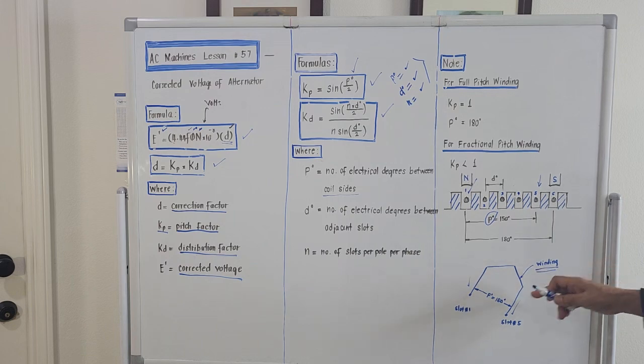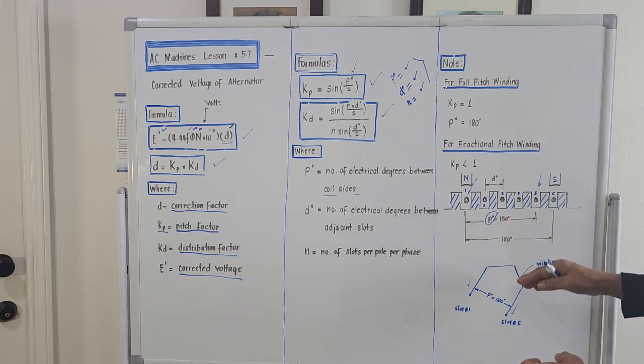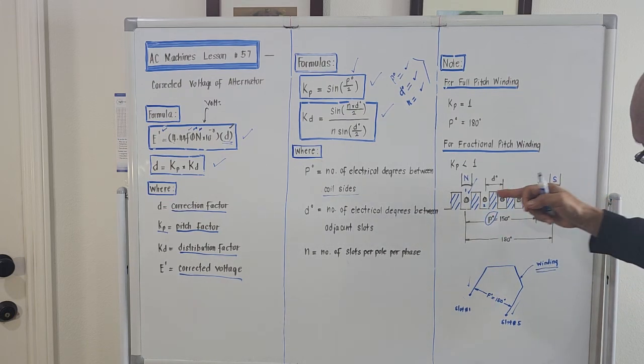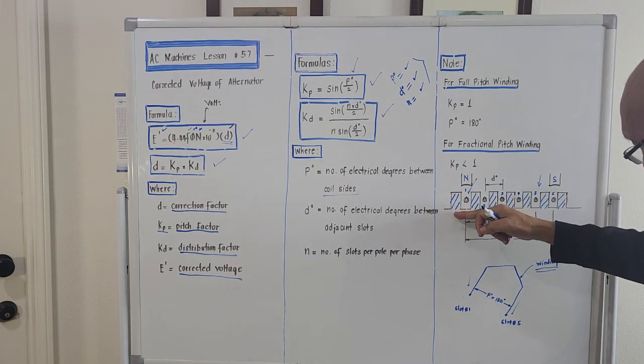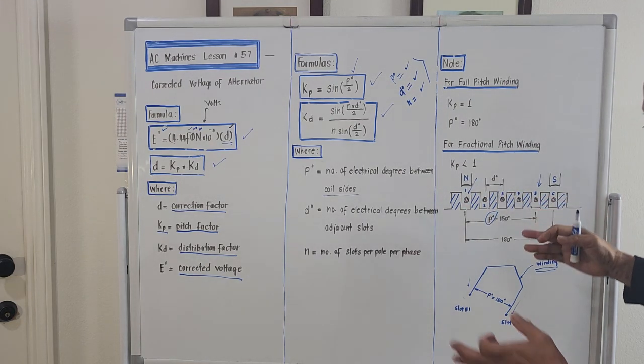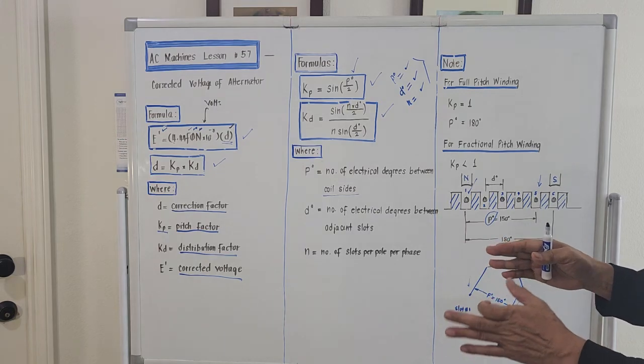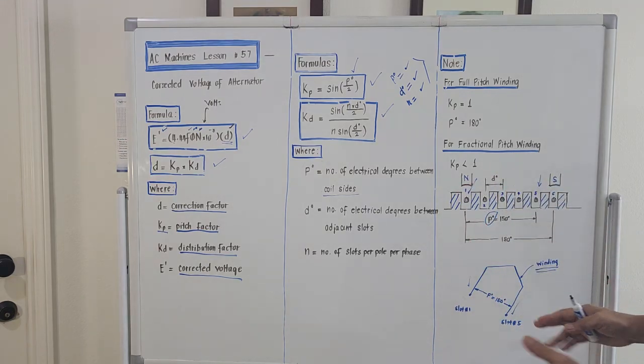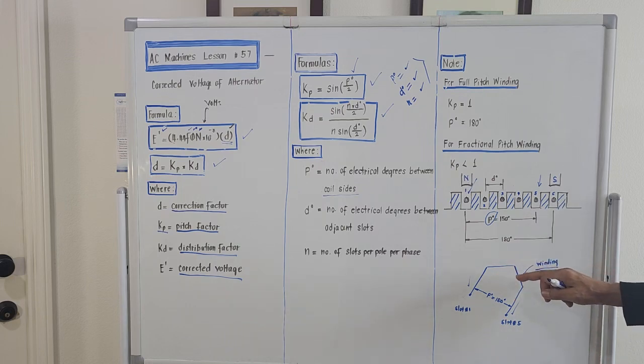If slot number 1 and number 5 comprise maybe 50 turns, it enters here, goes out here, then goes back to slot number 1 again, then enters slot number 5. It depends on the design of the alternator how many turns per coil, but I am only showing you one coil or one winding.